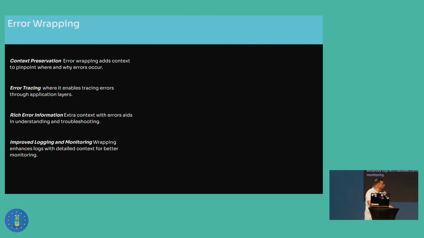It allows us to trace errors through multiple application layers, and it also provides rich error information by adding more context to our error logs. And it improves our logging and monitoring, making it better.